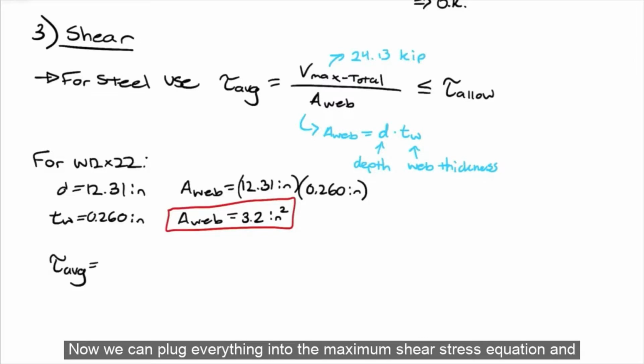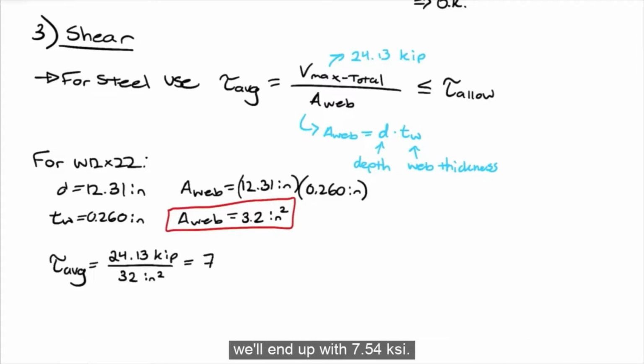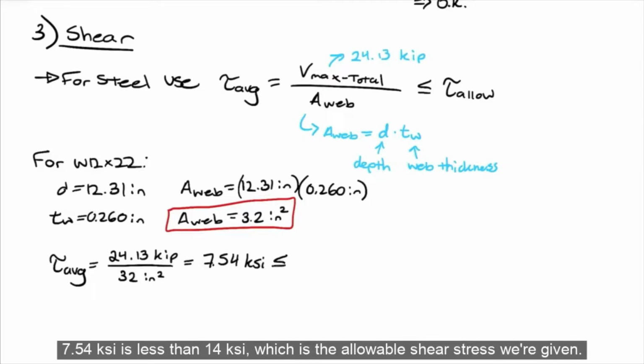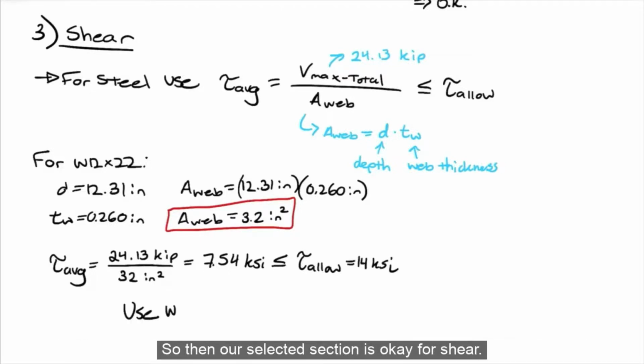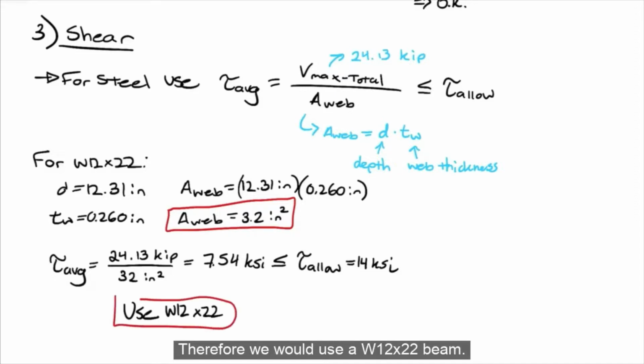Now we can plug everything into the maximum shear stress equation, and we'll end up with 7.54 KSI. 7.54 KSI is less than 14 KSI, which is the allowable shear stress we're given. So then our selected section is okay for shear. Therefore, we would use a W12 by 22 beam.